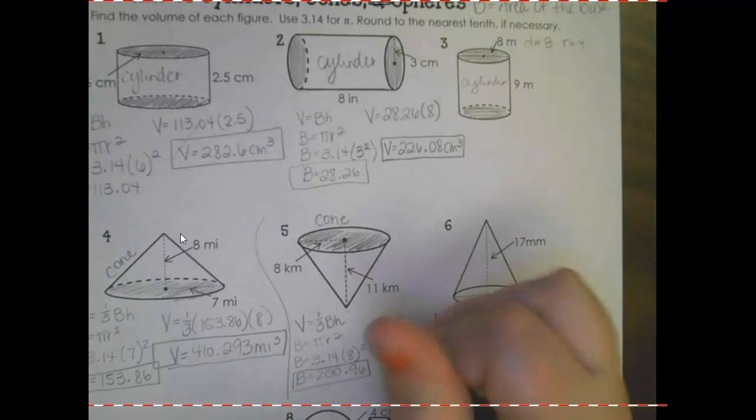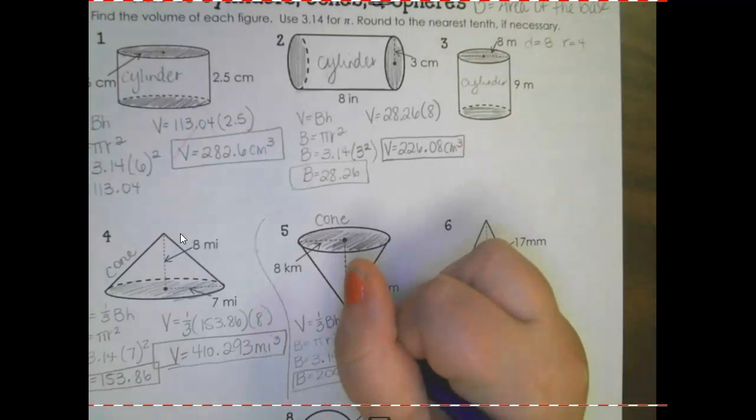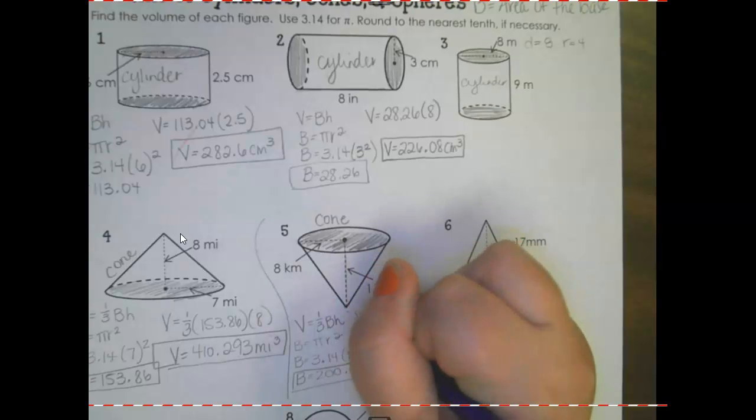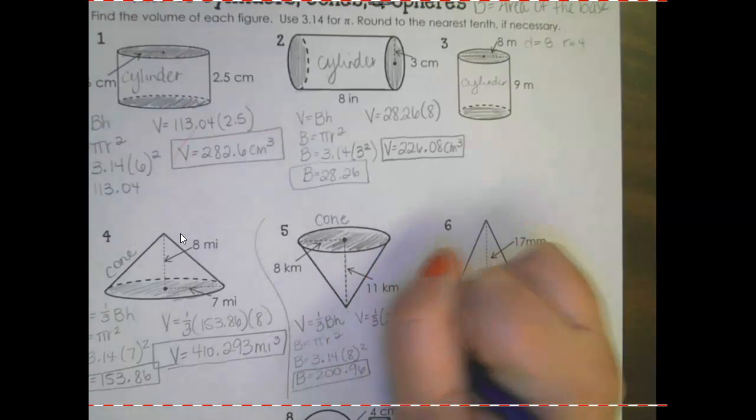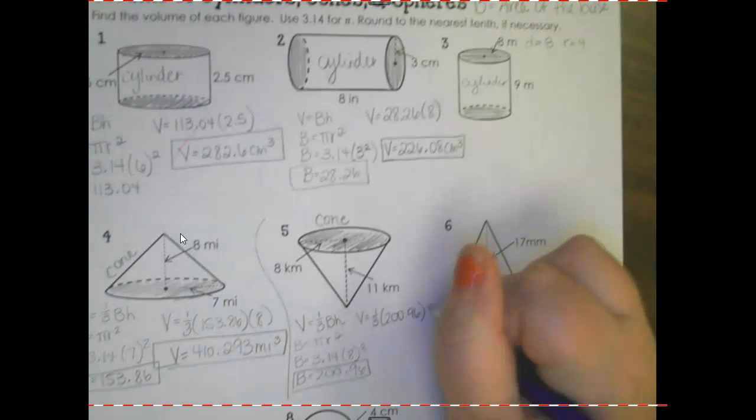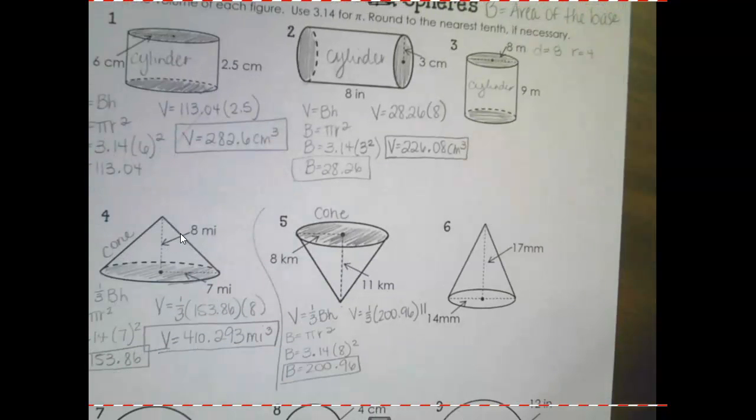All right. So V equals 1/3 of big B, which is 200.96. And that height is 11.